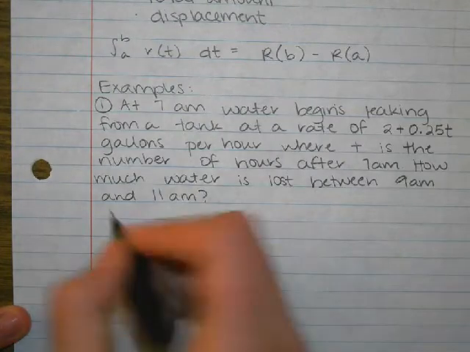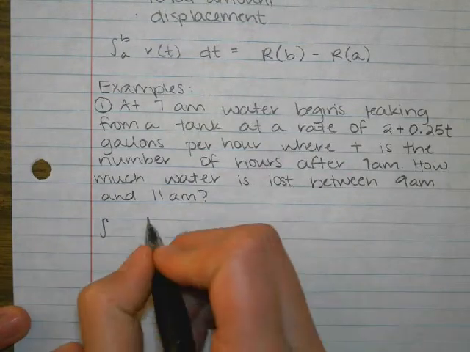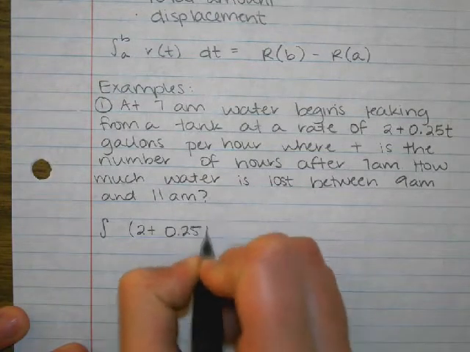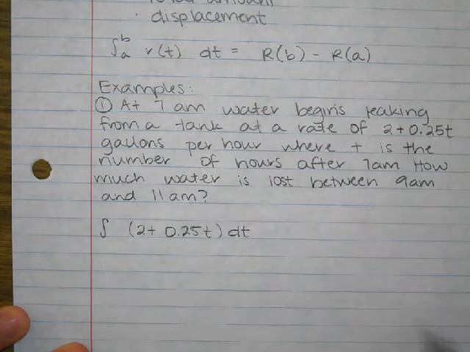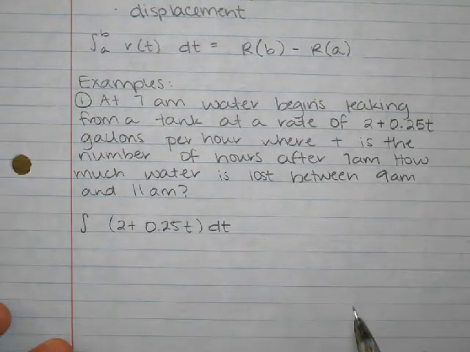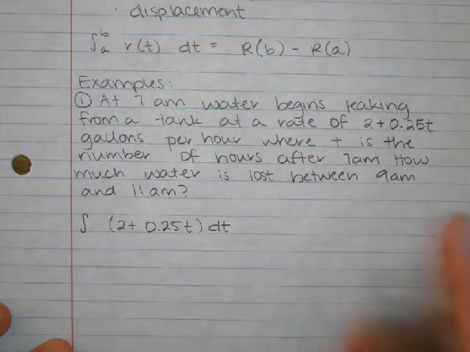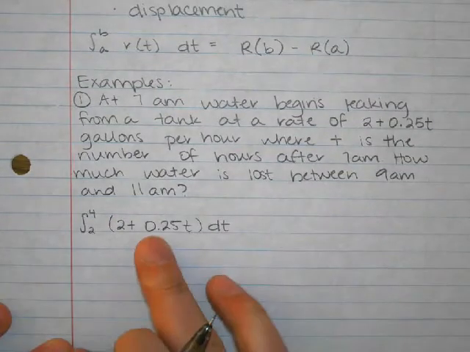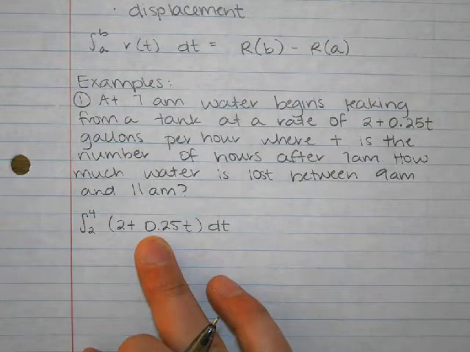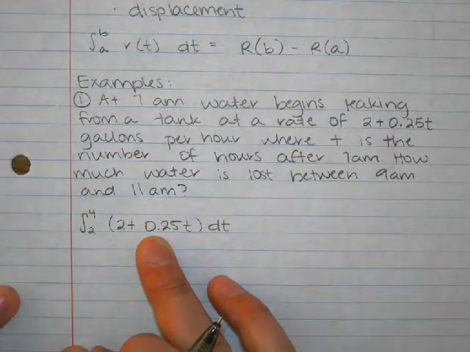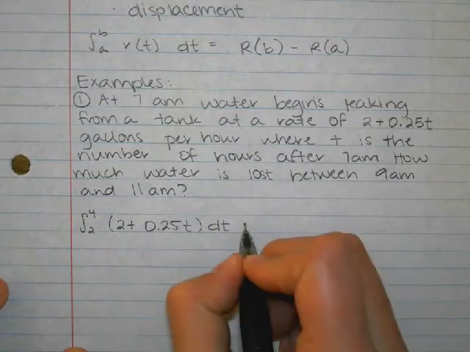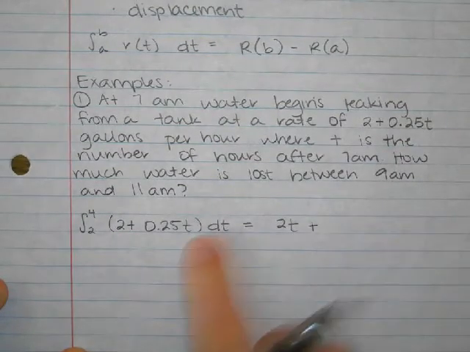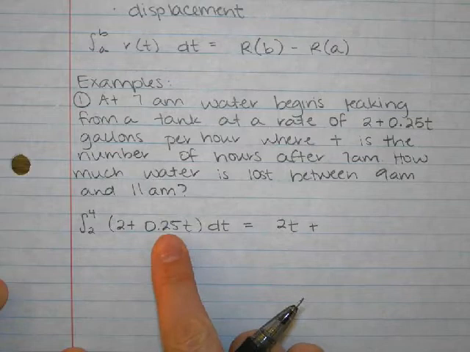So we're going to say that we are finding the integral of 2 plus 0.25 T dt, and T equals 0 would be 7 a.m. So 9 a.m. would be 2, and 11 a.m. would be 4. So we are going to find the antiderivative of this, and then we're going to evaluate it from 2 to 4. So this would be 2T plus 0.25, this is 1/4.